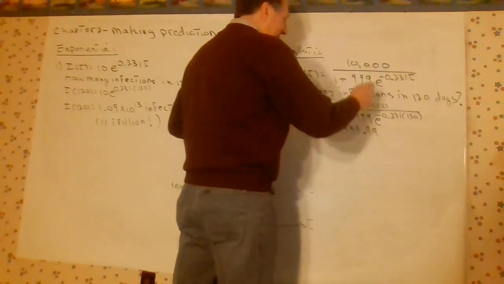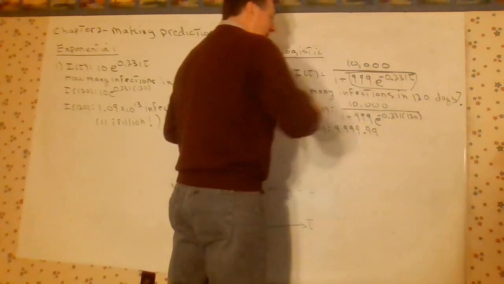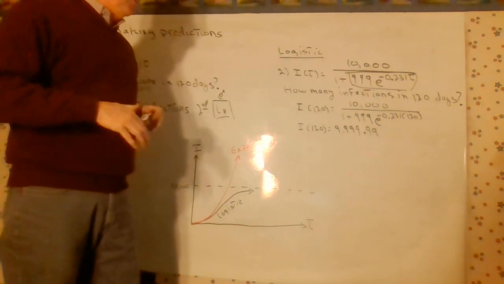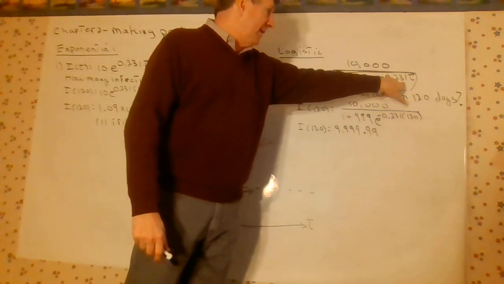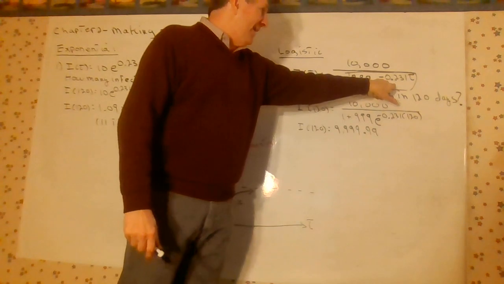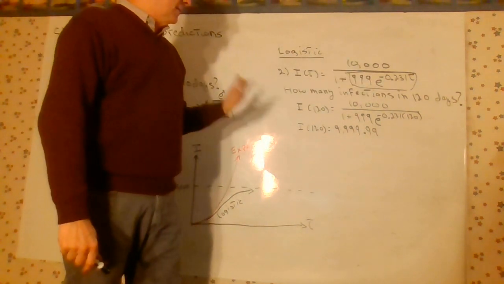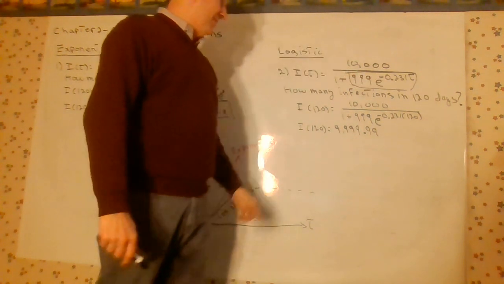This is actually a decay term right here, and we call it a transient term. As t approaches infinity, this term goes away. This is an exponential decay term. This decays to 0. 0 times 999 is 0. And it gets closer and closer to 10,000 over 1 plus negligible, which is 10,000.